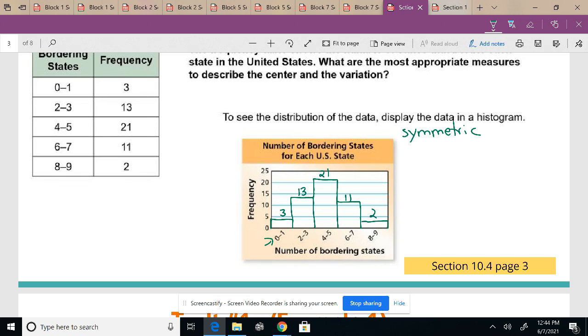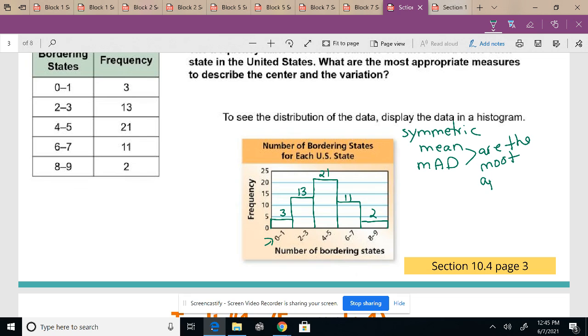It's a matter of fact. So we are dealing with just the center. So we're going to do mean and MAD. Okay? So when we're doing this, you're just going to say mean and MAD are the most appropriate.